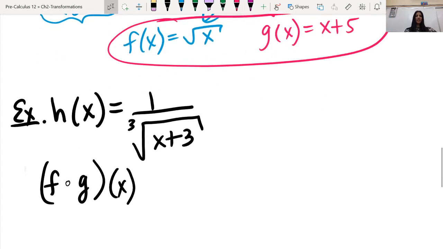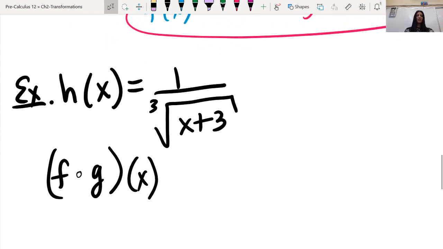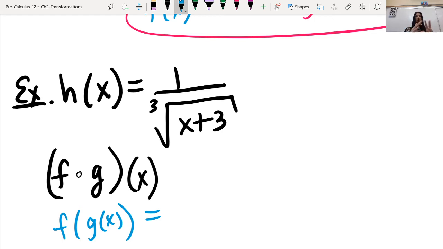Okay, same idea, but it looks slightly different. So if we have h of x equals this, and we're trying to break it down into f of g of x using the same approach as what we just went through, I'm asking you, what is the bigger function here?